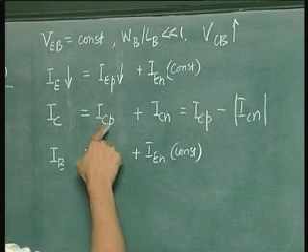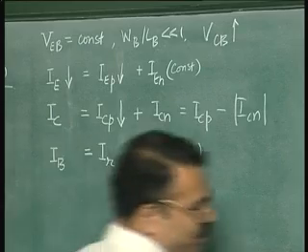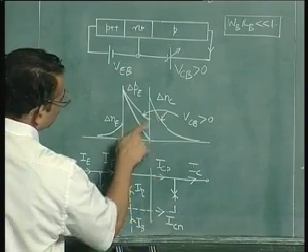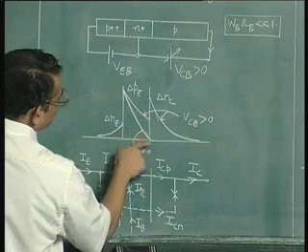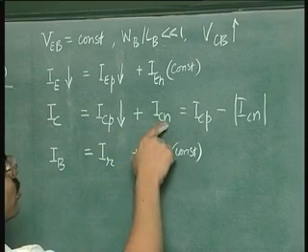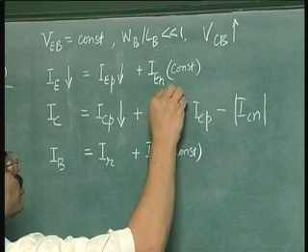So what is happening to ICP? This is falling. You can see from here that this current falls. You can see the slope is reducing. This slope is more, this slope is less as you increase the forward bias. So ICP falls, whereas magnitude of ICN rises.